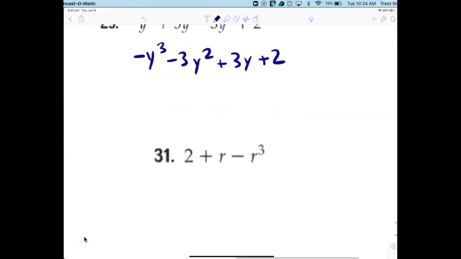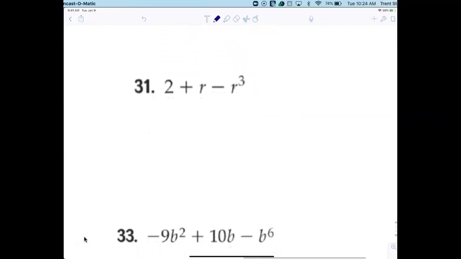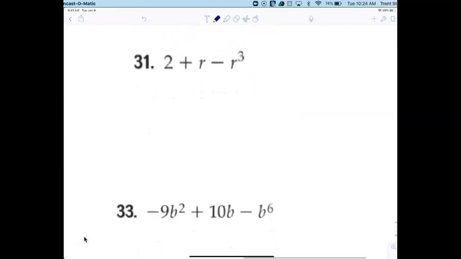All right, Thomas, 31. Let's go. Hurry up. What's in front? Negative r to what power?